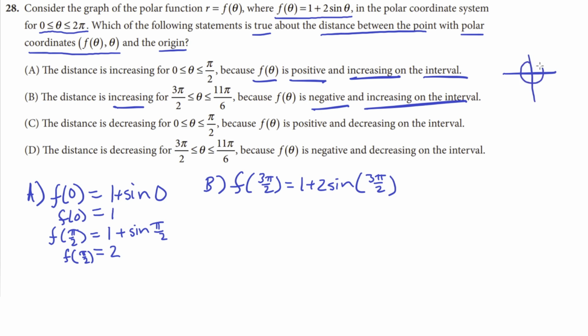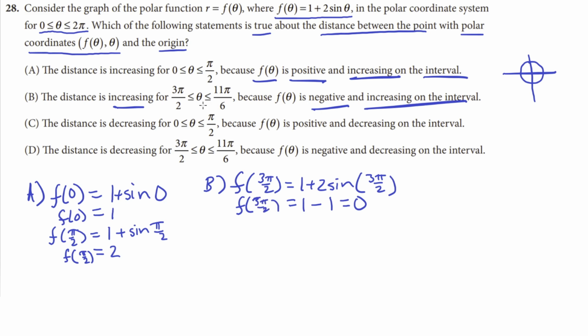On the unit circle, that's 1 pi by 2, 2 pi by 2, or pi, and then 3 pi by 2. So sine of 3 pi by 2 is equal to negative 1. This will be 1 minus 1, which gives us 0 for f of 3 pi by 2.